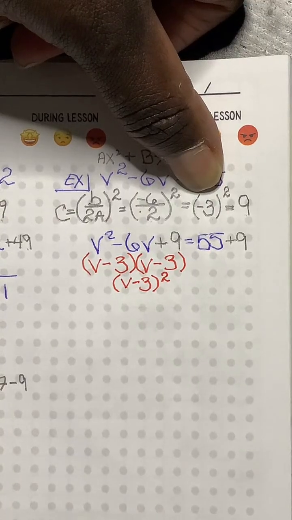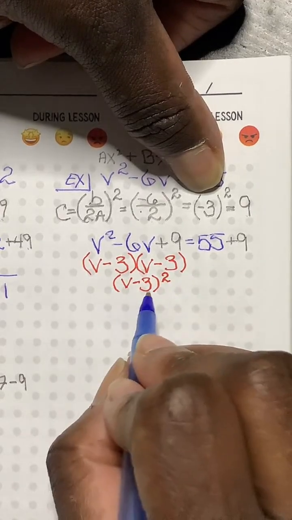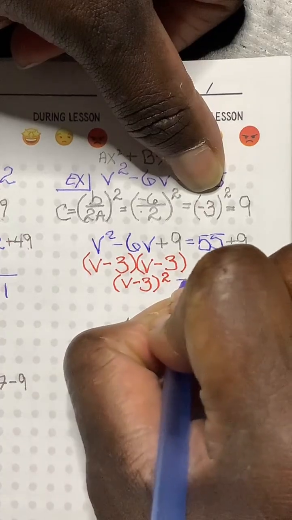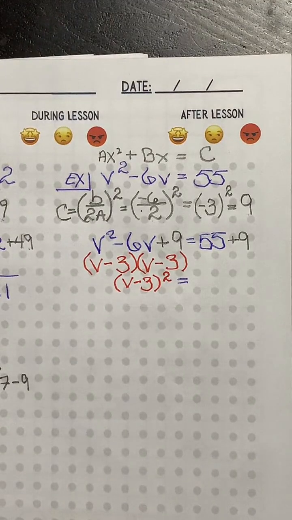Yes, we're going to be solving for v. But what is this v minus 3 squared going to equal? What's it going to equal?